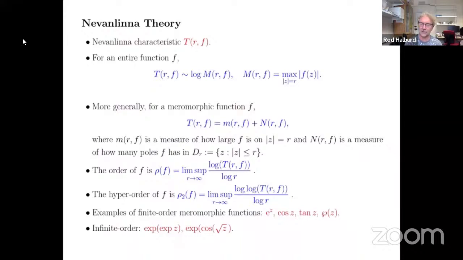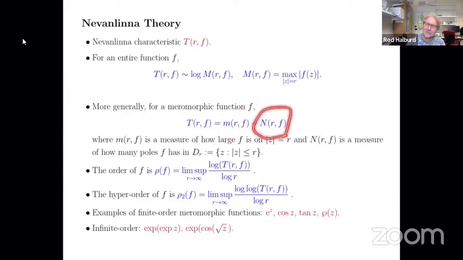Basically, if you take the log of the modulus of f on the circle, not the disk, and cut out all the negative values, so wherever the modulus of f gets less than 1 you just set this function to be 0 and keep only the bigger bits, and you take the average of that on the circle, that's exactly what this is. The upshot is that it's a measure of how big f is. So if f gets big on big parts of circles, then this is big.